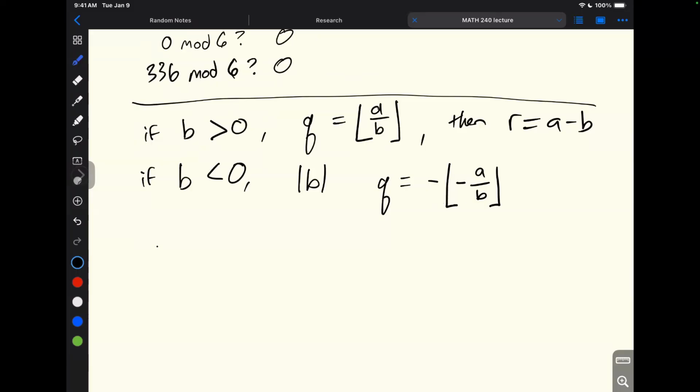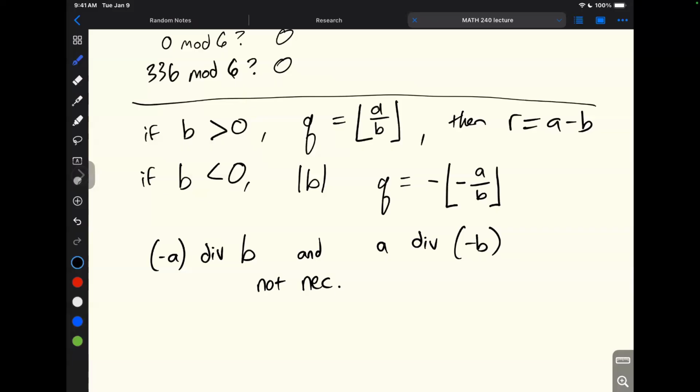One thing they also note is that negative A divided by B and A divided by negative B are not necessarily equivalent.